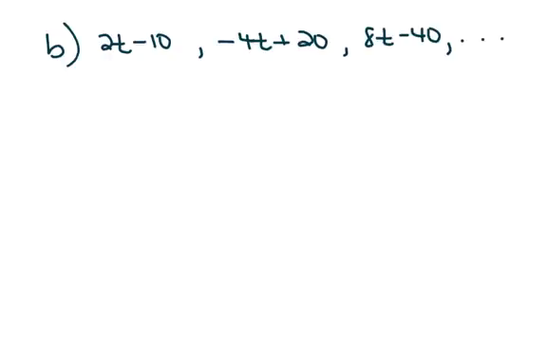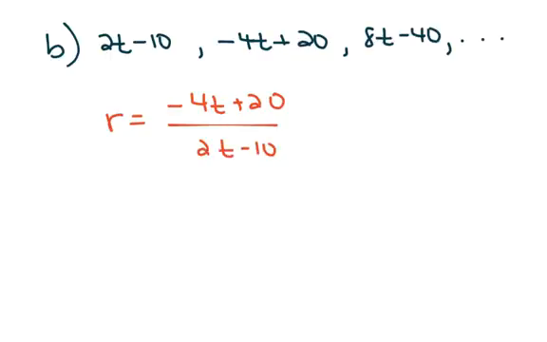So in the next problem, we want to find the next 3 terms in the sequence 2t minus 10, negative 4t plus 20, 8t minus 40, and so on. Remember, the common ratio is the second term divided by the first term.